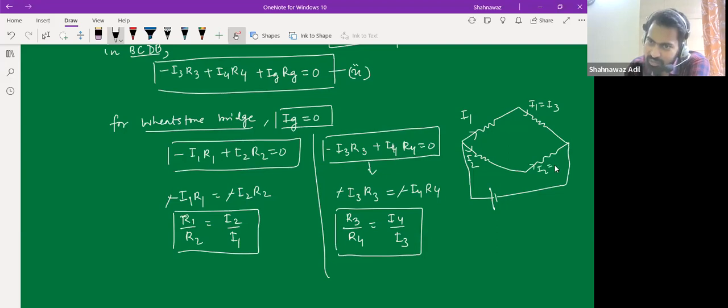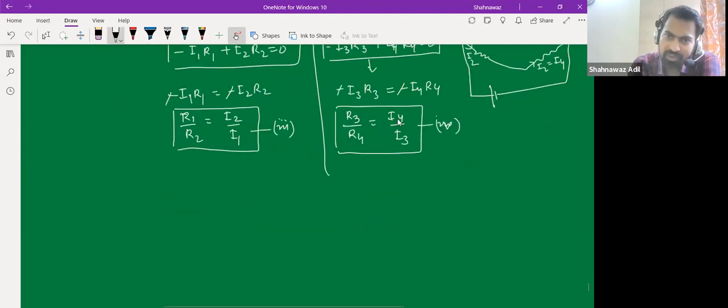So this is third, and this is fourth. In place of I4, I can write I2, and in place of I3, I can write I1. So R3 by R4 is I2 by I1. Let's say this is 5.